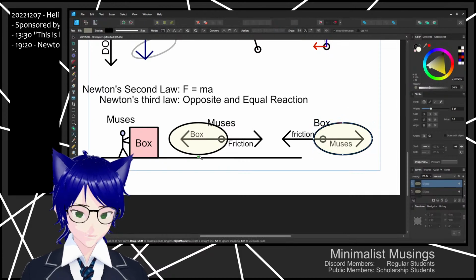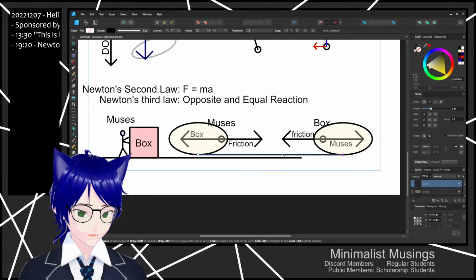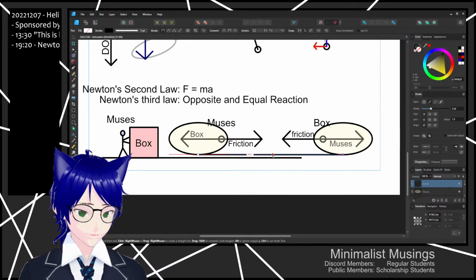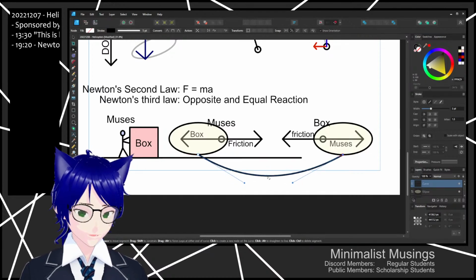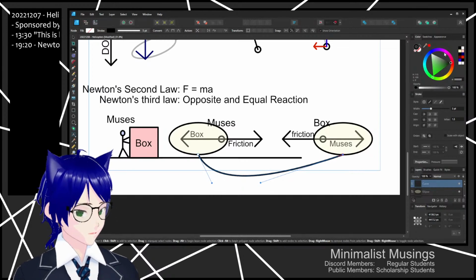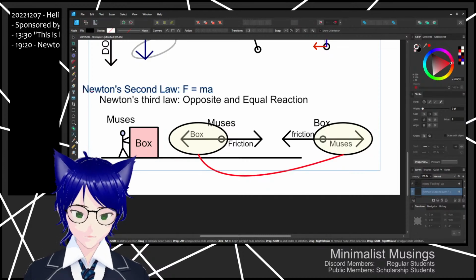Let me connect this to this, and then this line, let's do it like that.